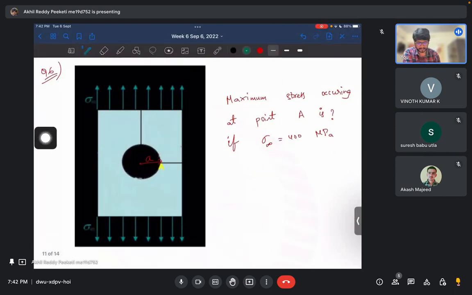We have a very large plate with a circular hole in it, and there is stress at the endings. Now sigma infinity is given. We are supposed to find the stress at point A. In your textbook, you will get a direct formula for the Kt in this case as 1 plus 2 into a by c.